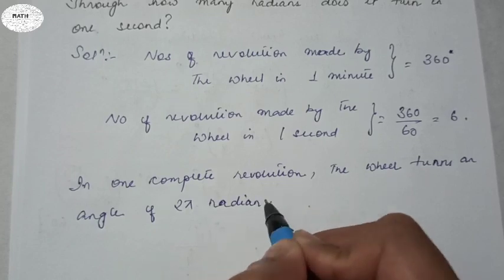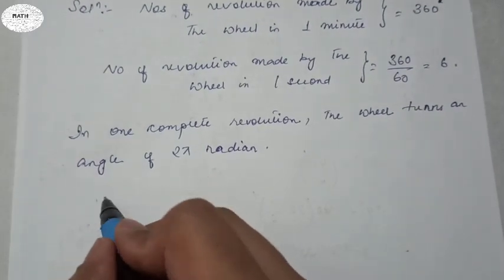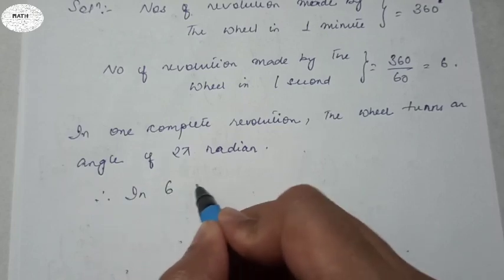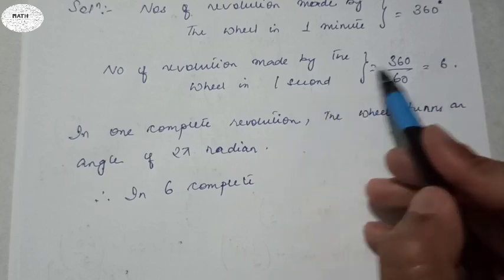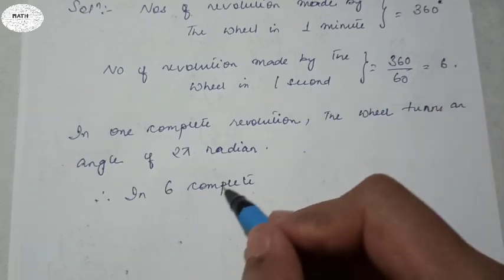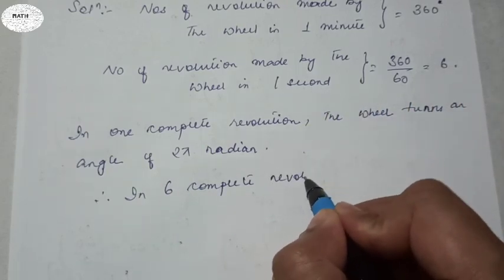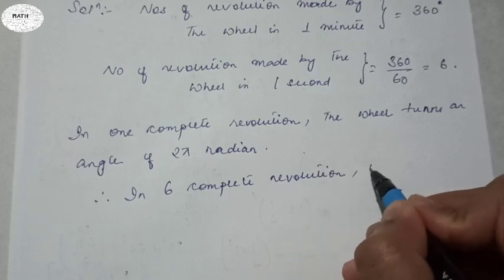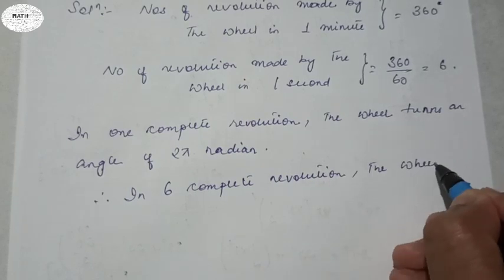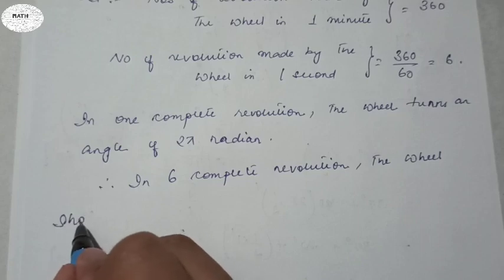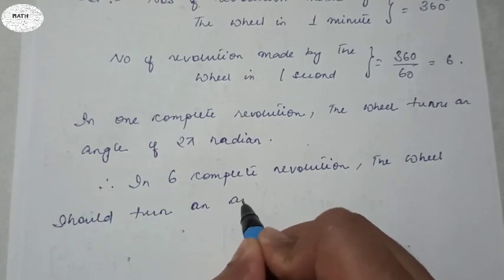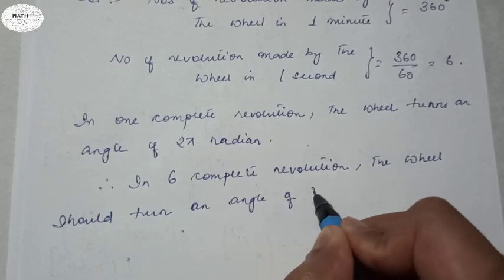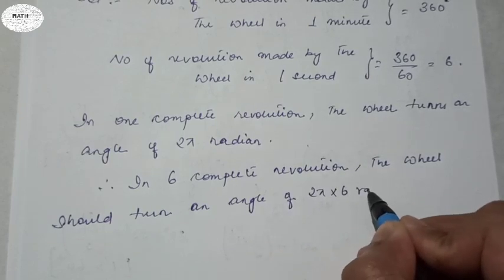It's not 360 here, right? Similarly, therefore, in 6 complete revolutions, why I'm finding 6 is because in 1 second there are 6 revolutions, right? So in 6 complete revolutions, the wheel should turn an angle of 2 pi into 6 radian.